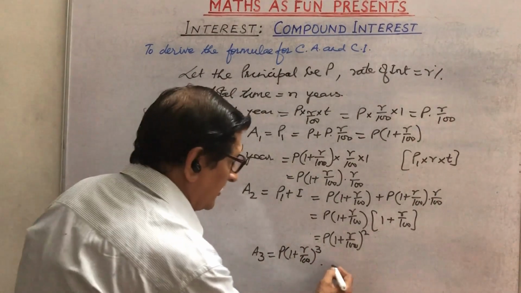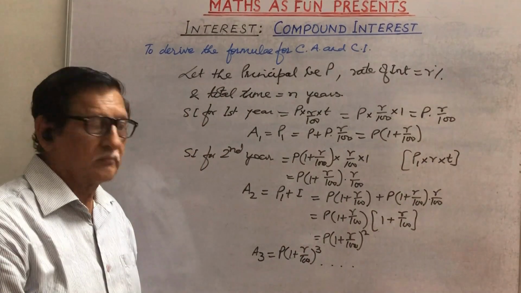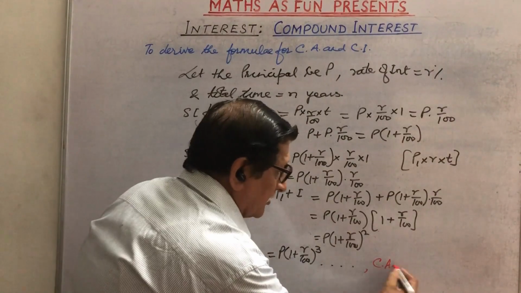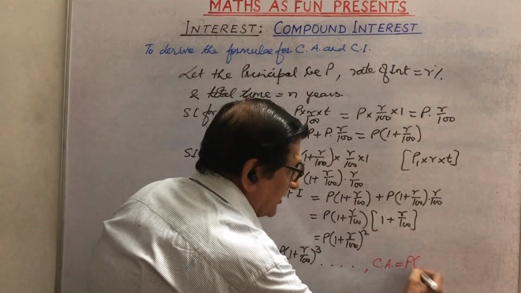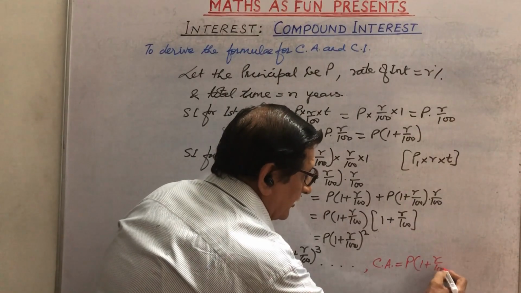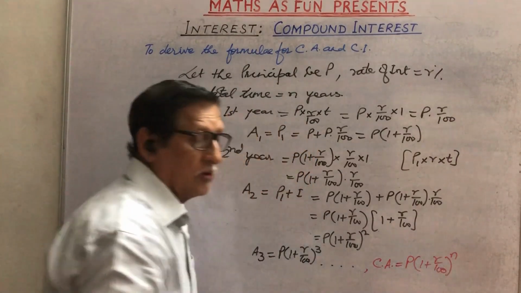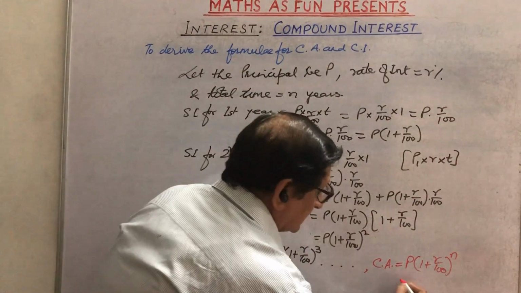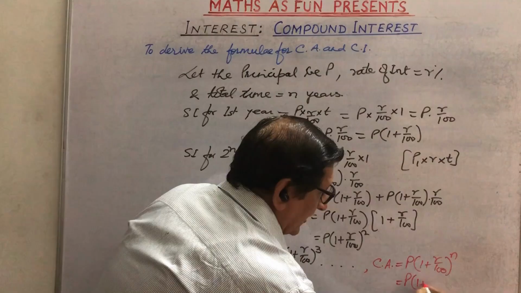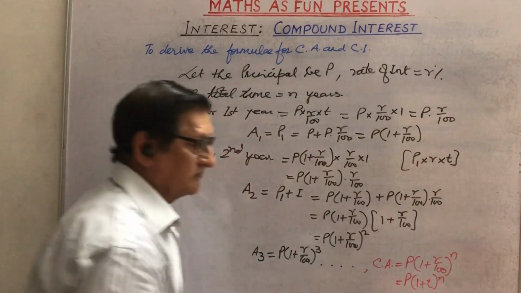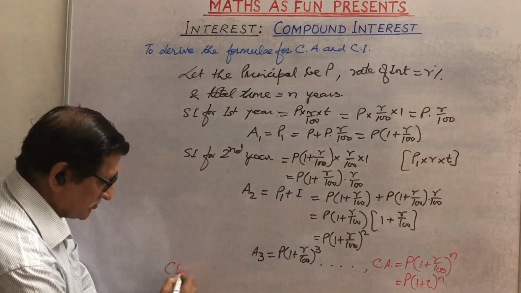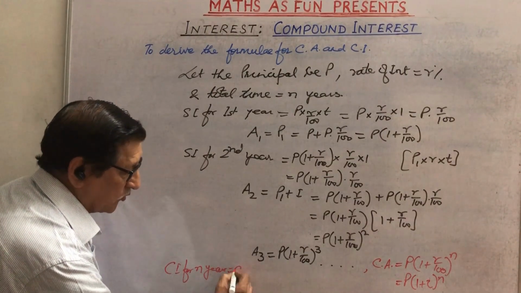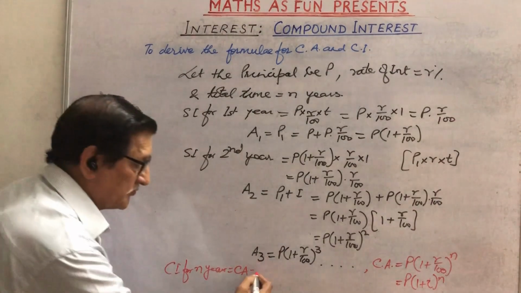And similarly, if we continue, the compound amount after n years will become P into 1 plus R upon 100 to the power n. Yes. We can also write this as P into 1 plus i to the power n. And the compound interest for n years will be equal to compound amount minus principal.